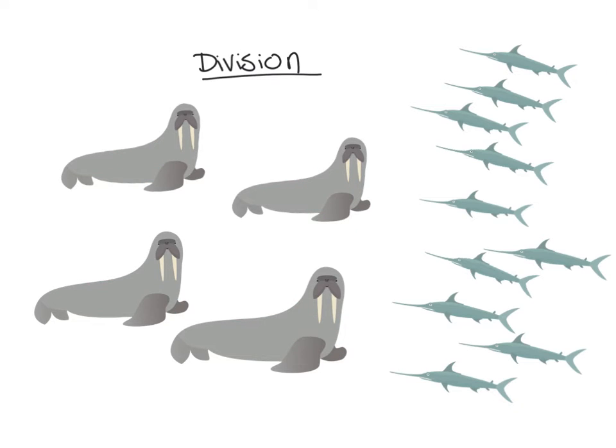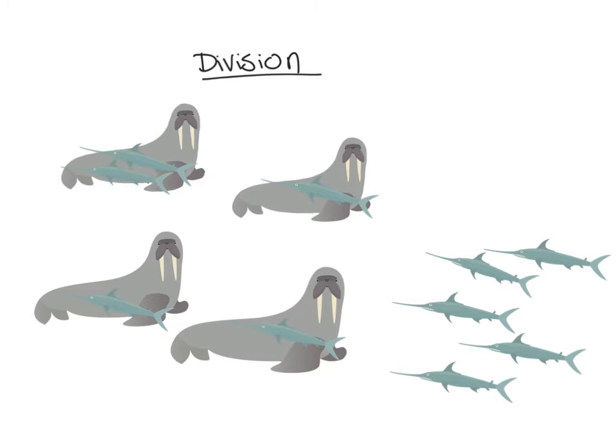Okay, but now we have these same 4 walruses, but we have a few more fish here. So we have 2, 4, 6, 8, 10 fish. So we're going to do 10 fish divided amongst 4 walruses. So let's move these around here. We'll give 1 to each to start. We'll give another 1 to each.